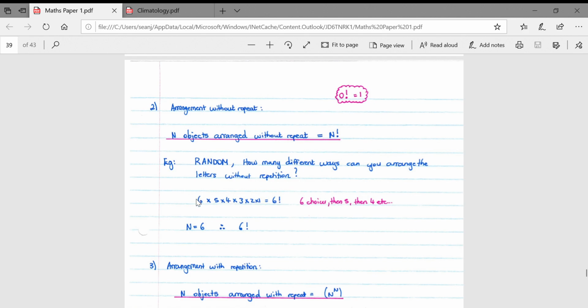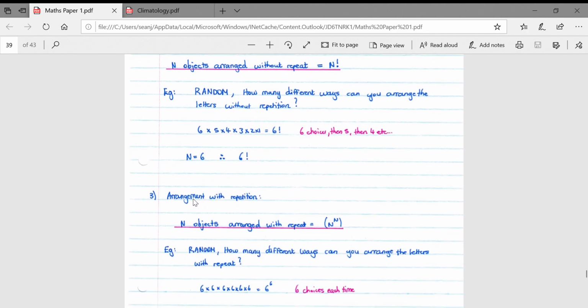So in our first letter space, we have 6 choices. Then in our second letter choice, we've used the one choice here, so we only have 5 choices. Then our third letter choice, we've used 2 of the choices out of the 6, so we only have 4, and that keeps going until you get 6 times 5 times 4 times 3 times 2 times 1, which is simply put as 6 factorial.